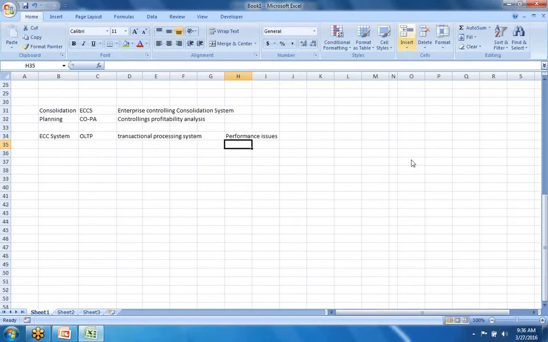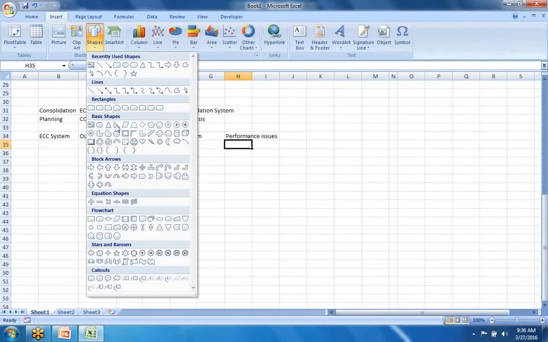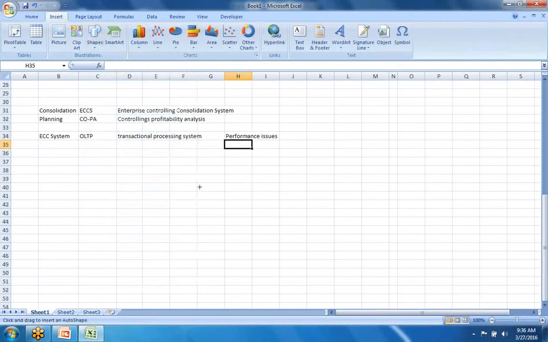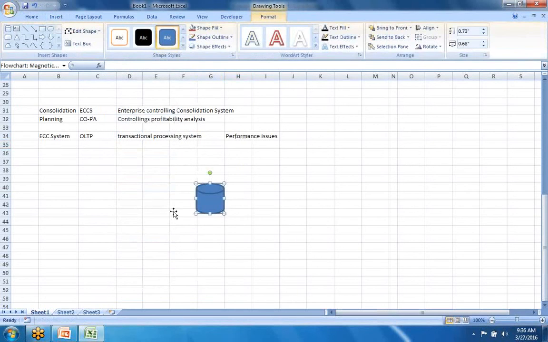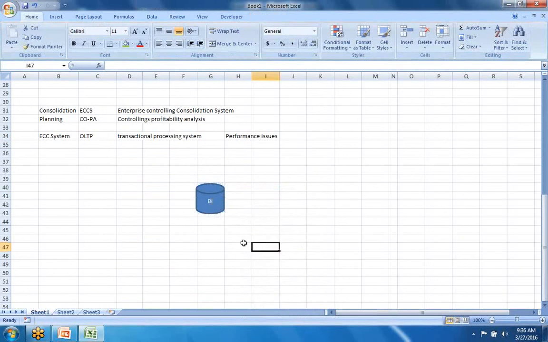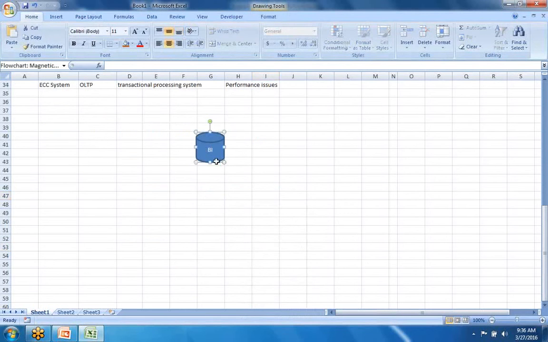So what next? The next step from SAP was to leverage the analytical processing system, that is a BI system, which is an analytical processing system. So BI, and I have my ECC system here.